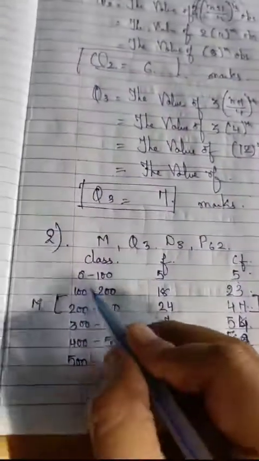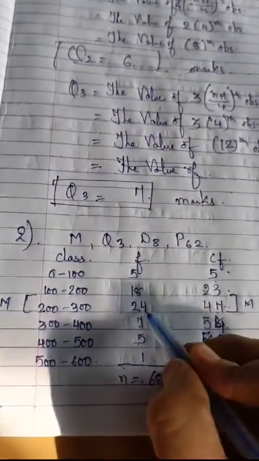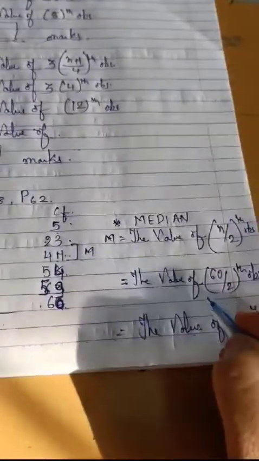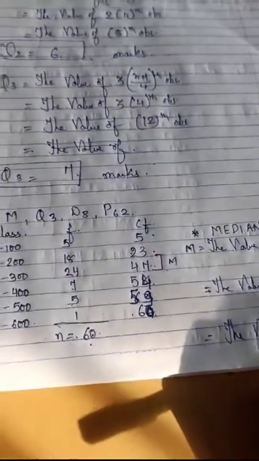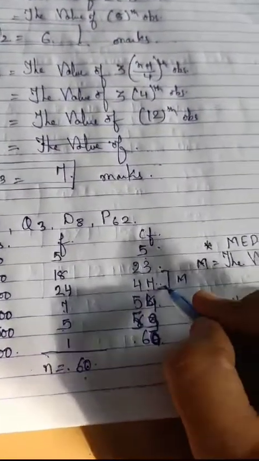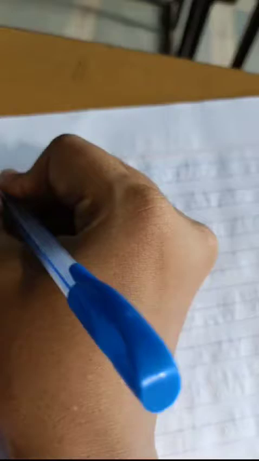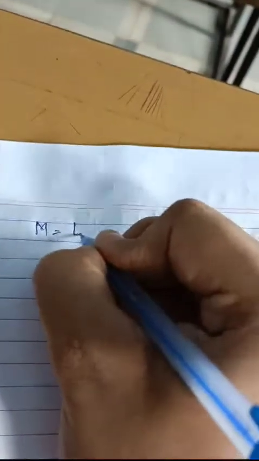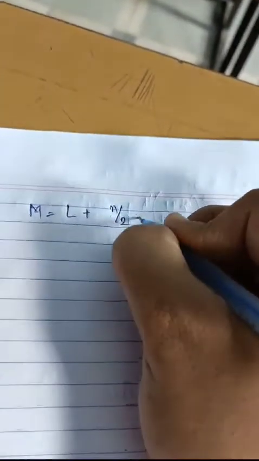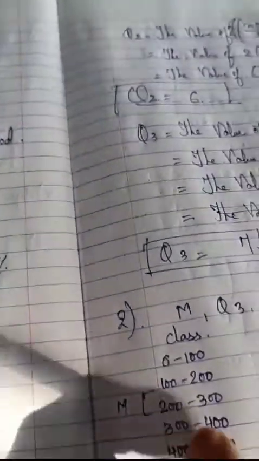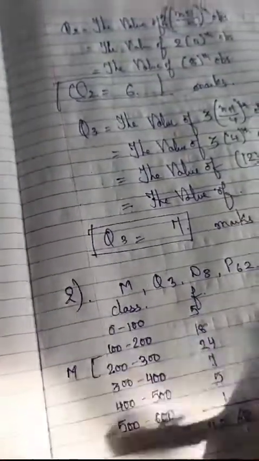In this, our L will be 200. Our frequency will be 24. Our N will be 60. This N by 2 will be 30. And CF will be taken of the class above, the one ahead. The CF of the class above the class we have selected will be our CF. Now the formula: M equals L plus N by 2 minus CF upon F into C. C means the class length, L means the lower limit of this particular class, that is 200.